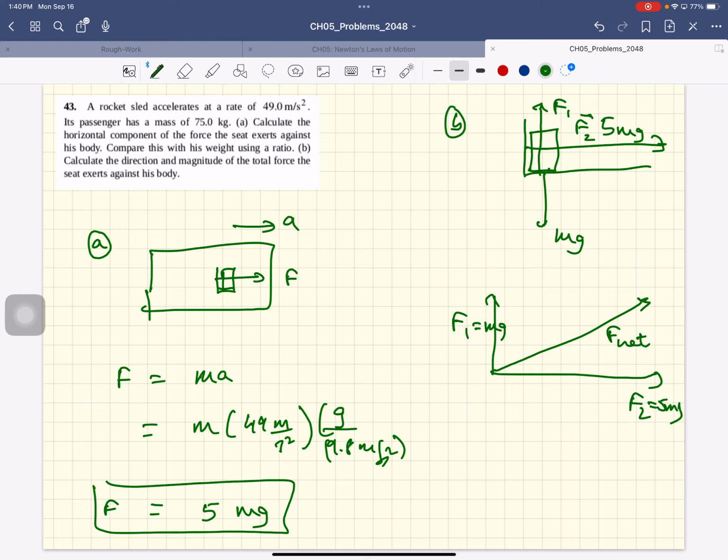And you guys can add those two forces together. So F1 will be 0i plus mgj. F2 will be 5mg i plus 0j. Add the two vectors and calculate the magnitude. You guys understand that? Anybody want me to do that?